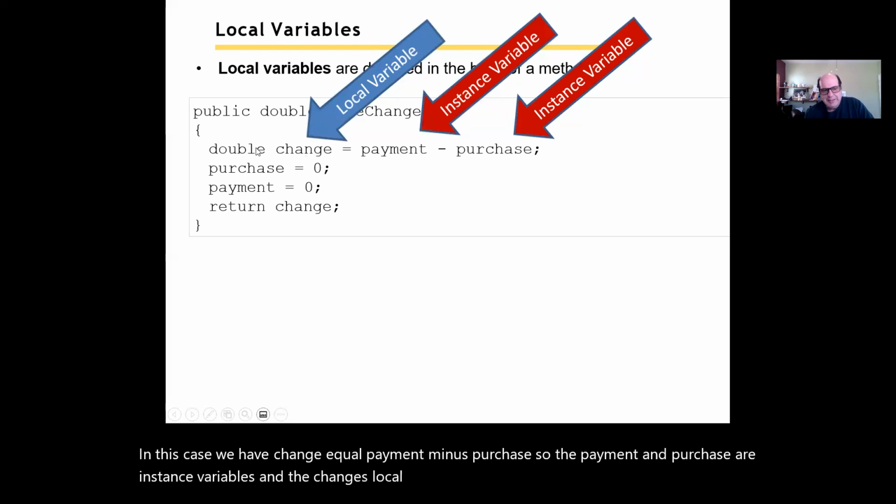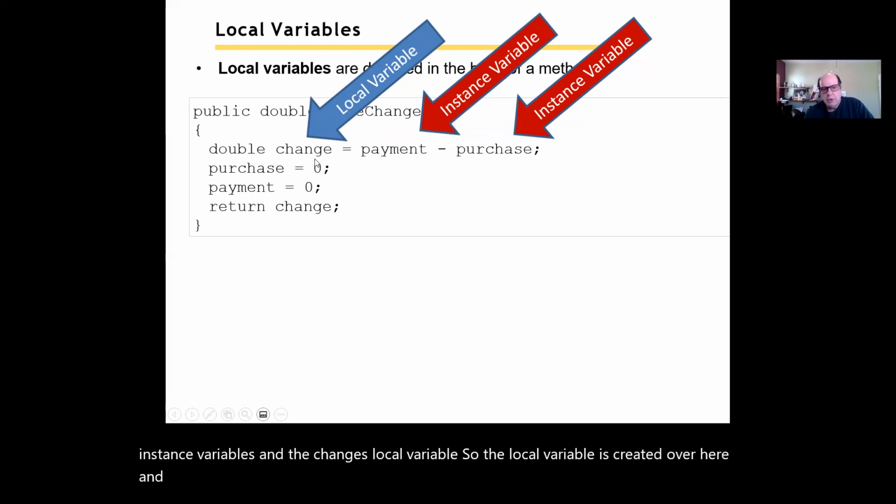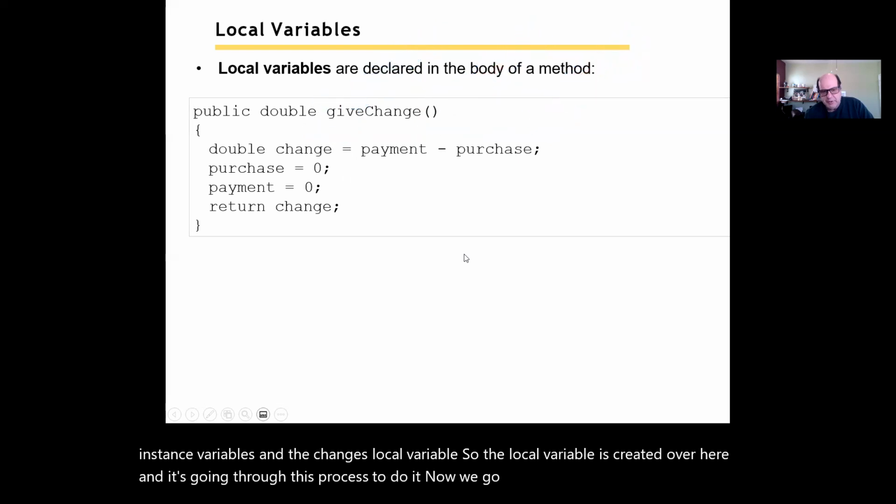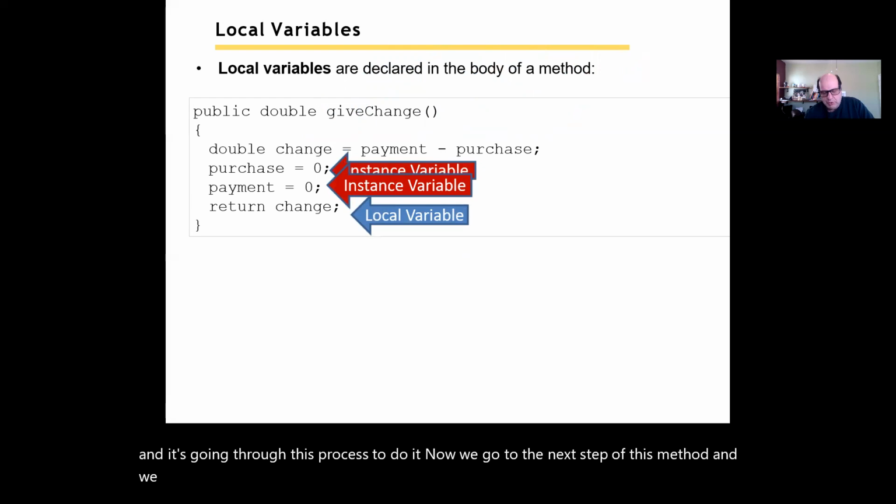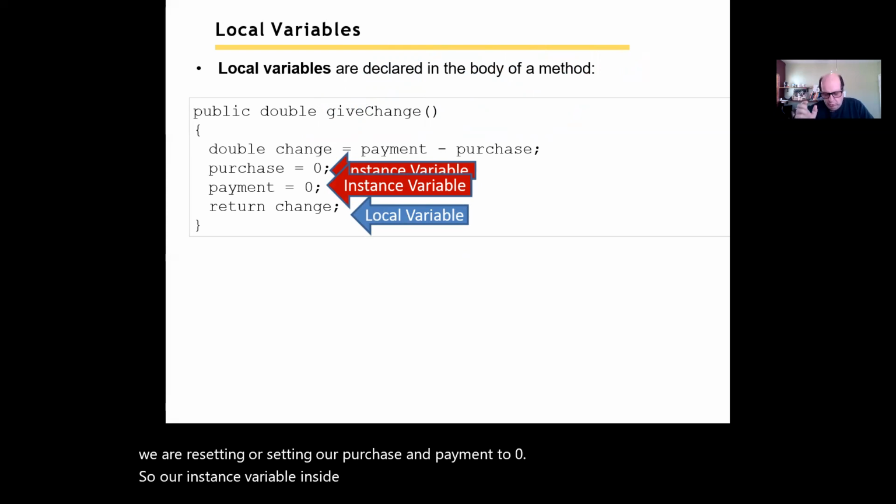So the local variable is created here. Now we go to the next step of this method, and we are setting our purchase and payment to 0, so our instance variables inside my object become 0. And then we're going to return the change, which is the local variable.